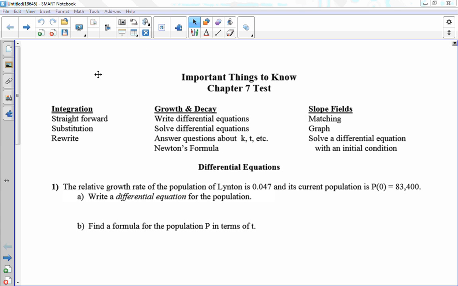It's recording. Okay. What does the differential equation look like? If you're supposed to write a differential equation, what does that look like? They'll eventually get there, but a differential equation has to have a derivative in it.